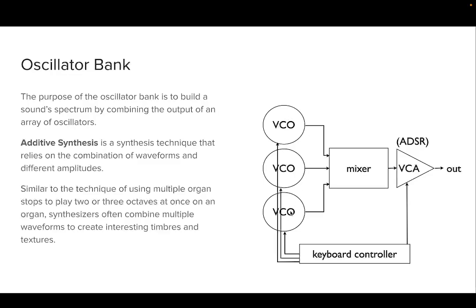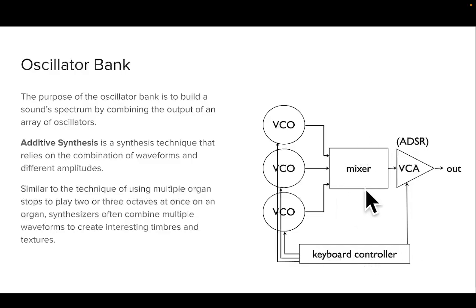This one could be a sawtooth wave, this one could be a square wave, this one could be a triangle wave. All of them could be placed at different octaves, so that when we play different notes on our keyboard controller, that same spectrum is continued throughout the entire keyboard range.